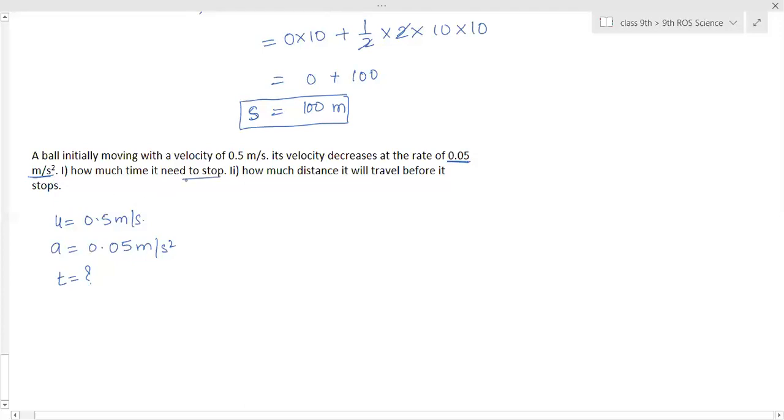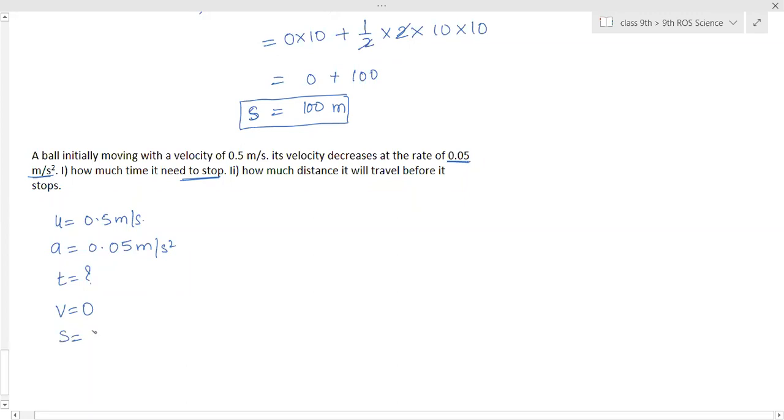It stops, that means the object has stopped after time t seconds. What information does it give? The object has come to rest. That means V is equal to 0.